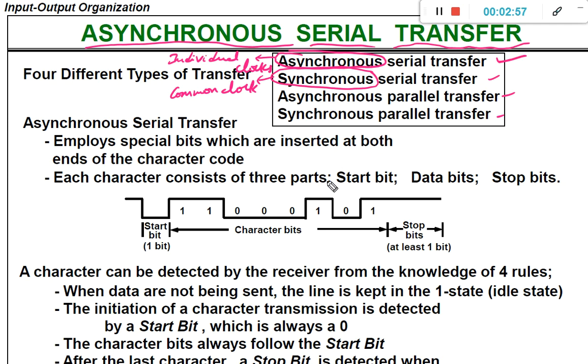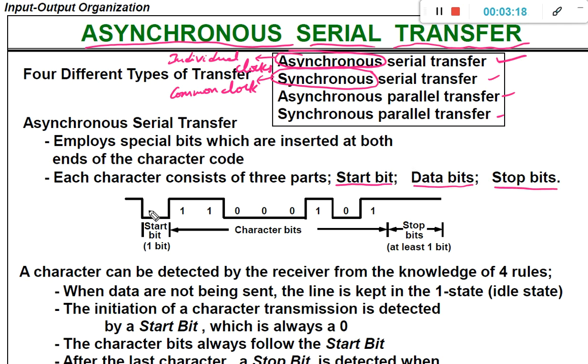Generally we send character by character. The entire character is divided into three parts: the start bit, the data bits, and the stop bit or stop bits.